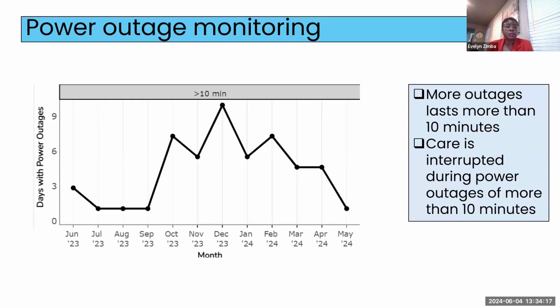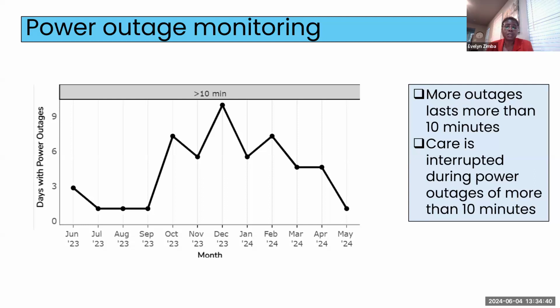I wanted us to also have a look at some of the reports that we can produce using this information that we are assessing. So this is one of the facilities. Before I go to the information on this slide, what I wanted to share is we collect this power outage information at different intervals.